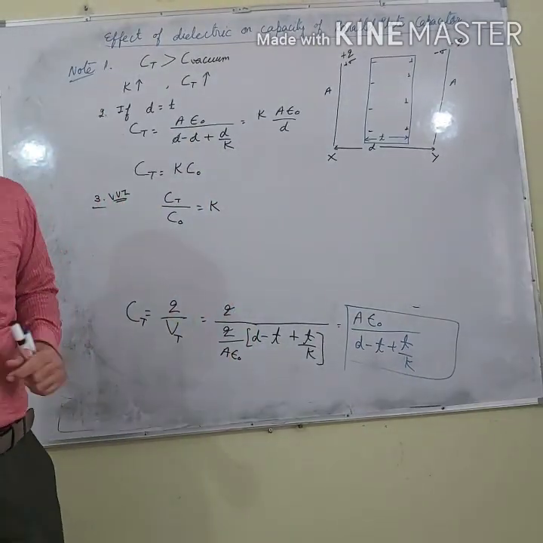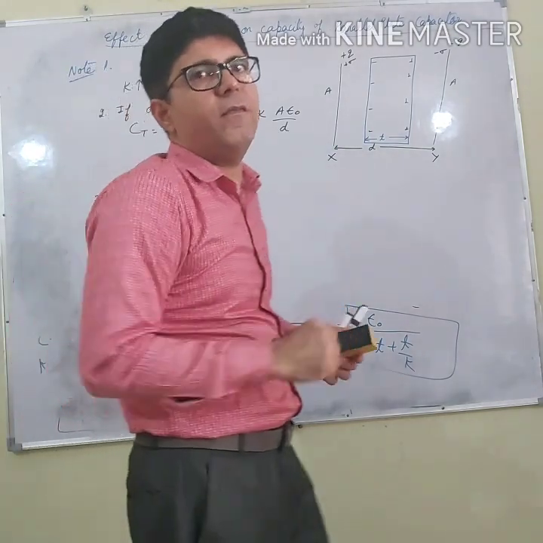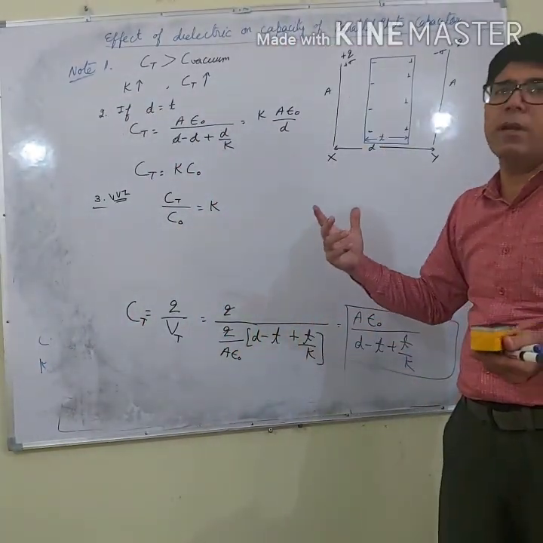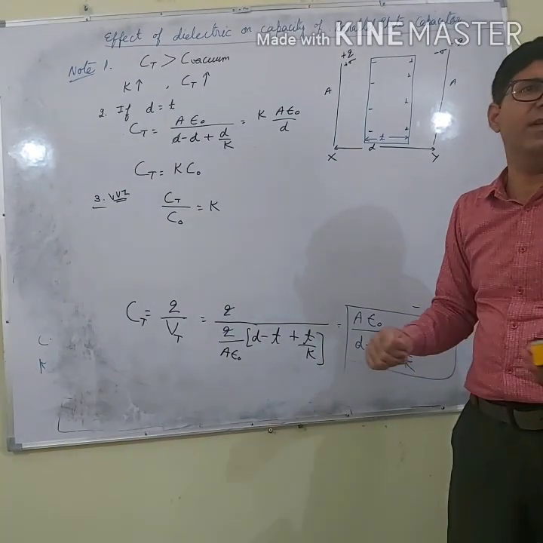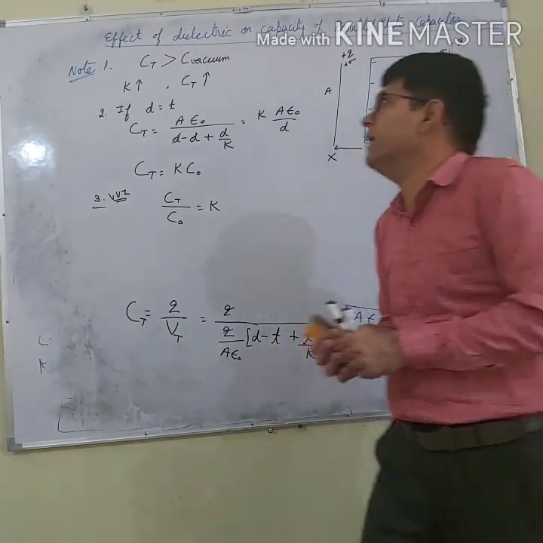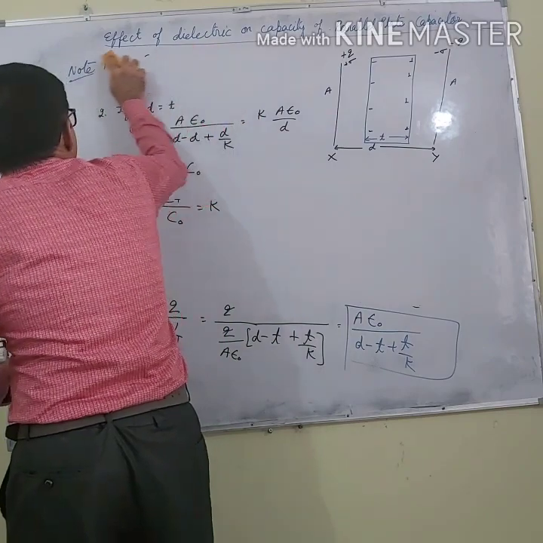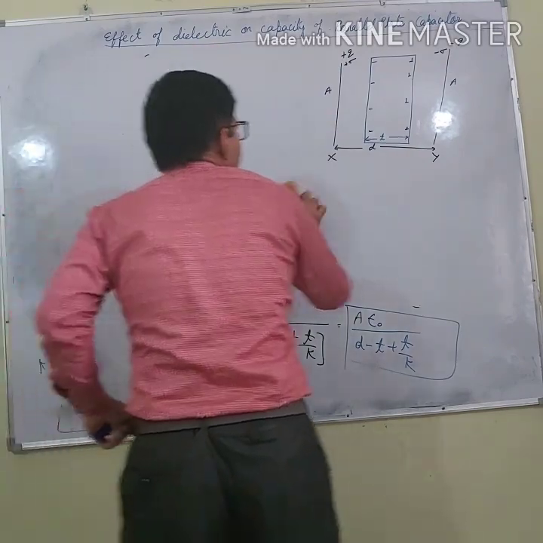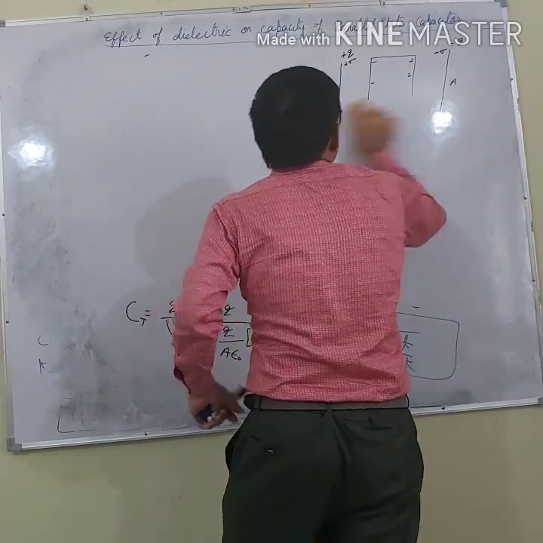Now the question is, instead of a dielectric slab, what happens if we put a conducting slab between the plates of the capacitor? Will the capacity further increase? Will it decrease? Let's find out.